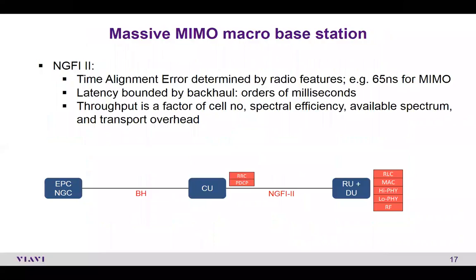For example, if you have a massive MIMO type of macro base station application that you want to solve, this could actually be a good split here, NGFI 2, where you put most of the functionalities of the DU in the radio, and you have basically just a central unit over centralized.